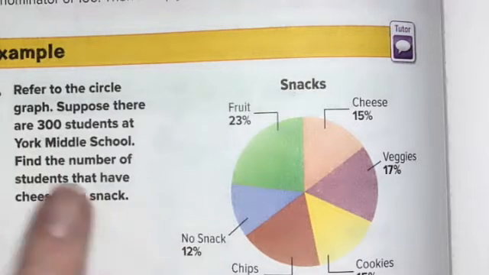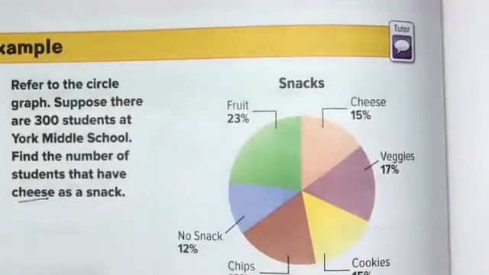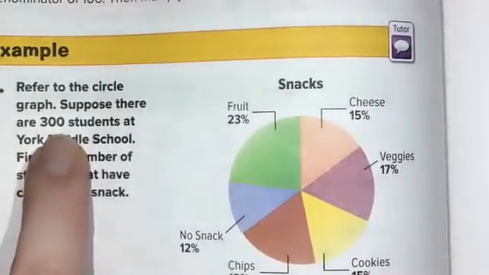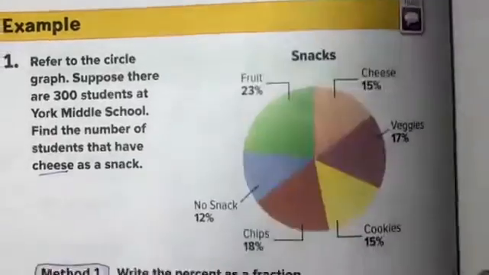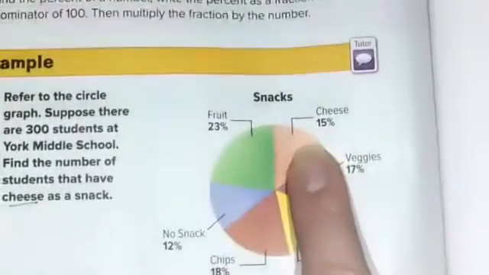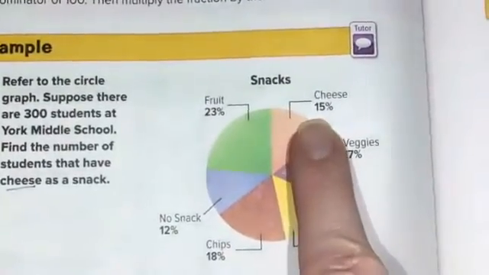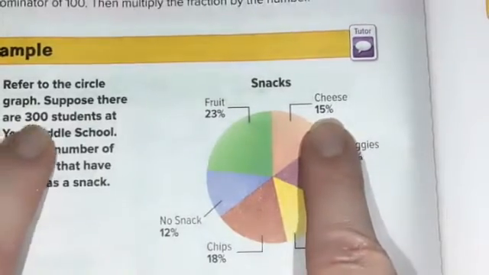So here we have the number of students who chose cheese as a snack out of 300 students, and this is the way that the choices were distributed. Okay, so method 1, find the percent as a fraction. When we look at cheese, we see that 15% of the students chose cheese as their snack. So really the question is this: what is 15% of 300?